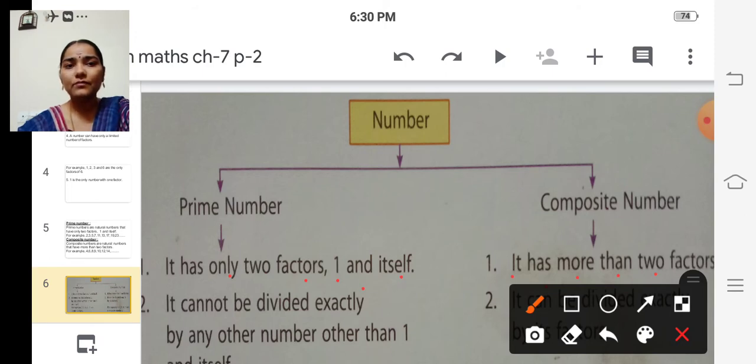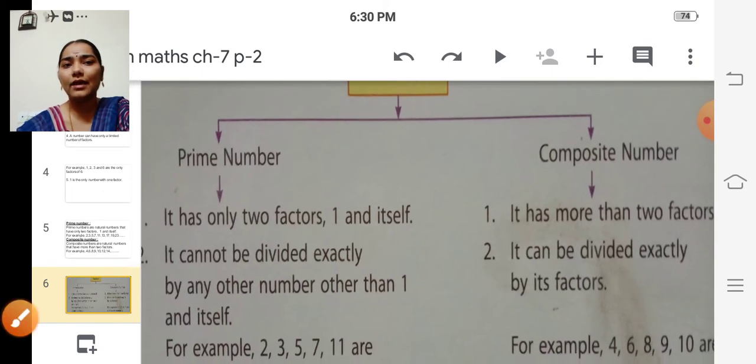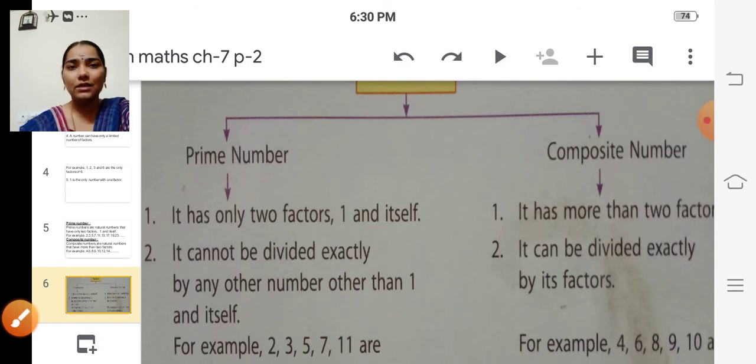The next one, prime number cannot be divided exactly by any other number other than 1 and itself. So prime numbers can be exactly divided by 1 and the number itself, isn't it?